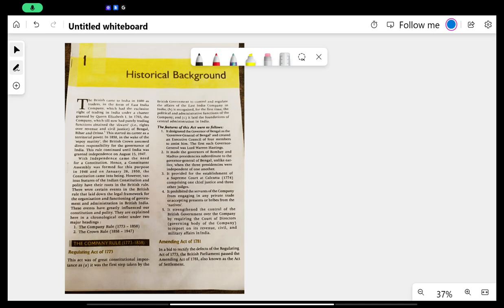So moving on, they're saying that in 1765, the company, which from 1600 to 1765 had only been trading, or maybe waging wars with other companies and all that, actually gained Diwani rights after 1765. So what is Diwani? Diwani is tax or finance collecting.